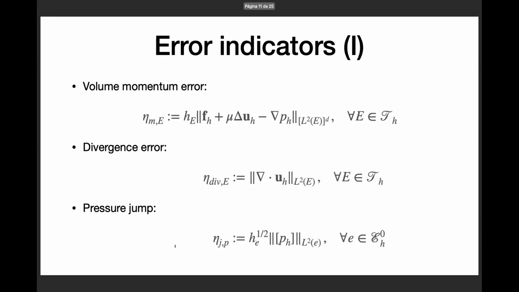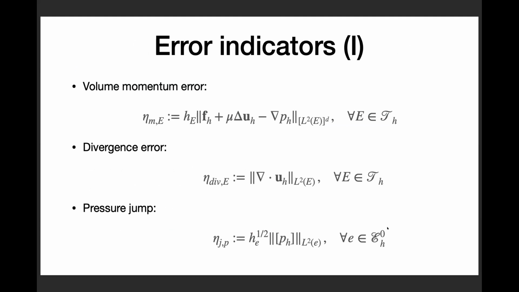So we defined several a posteriori error indicators. First, the volume momentum error, which takes into account the error in the linear momentum equation. Here, f_h is a piecewise polynomial approximation of the volume forces. Then we have the divergence error and also the pressure jumps.